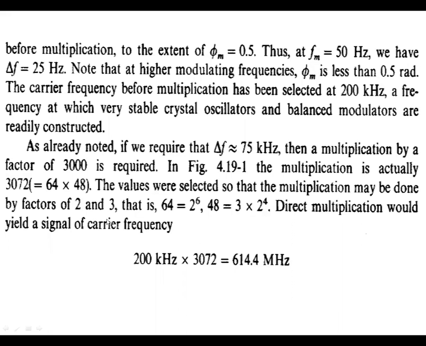How can they be written in factors of 2 and 3? That is 2 to the power of 6, and 3 into 2 to the power of 4. So direct multiplication would give a signal of carrier frequency 200 kHz into 3072, that is 614.4 megahertz.